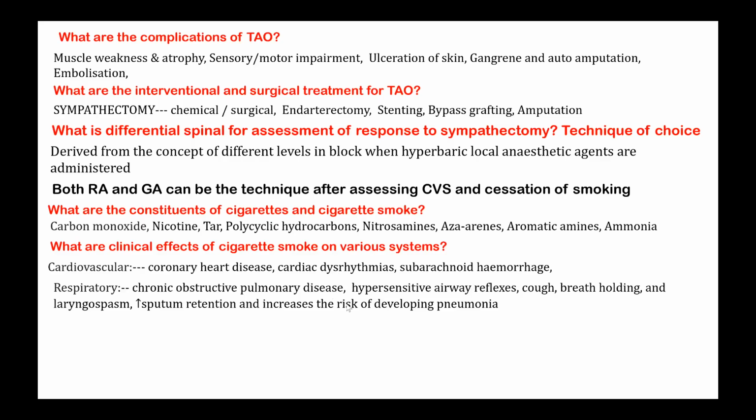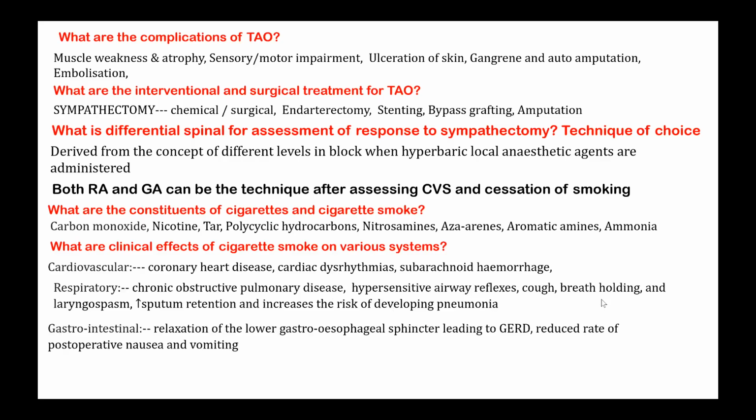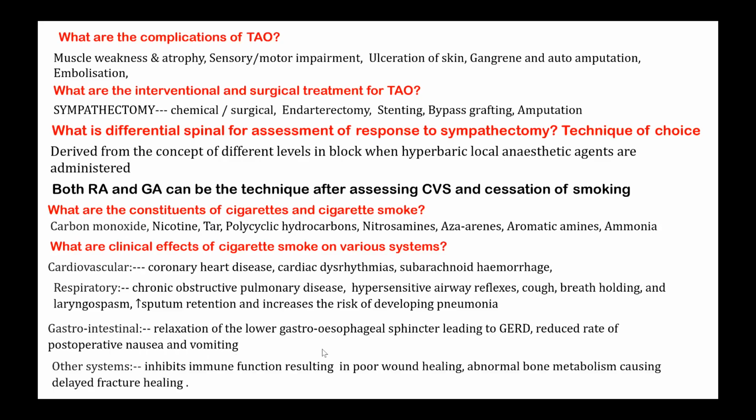Respiratory, it can produce COPD, reactive airway, chronic smoker's cough, frequent breath holding because of coughing, laryngospasm, increased fluid secretion and retention, risk of developing pneumonia. Gastrointestinal, relaxation of the lower gastroesophageal sphincter leading to GERD. Reduced rate of post-op nausea and vomiting. This is the only advantage of smoking.